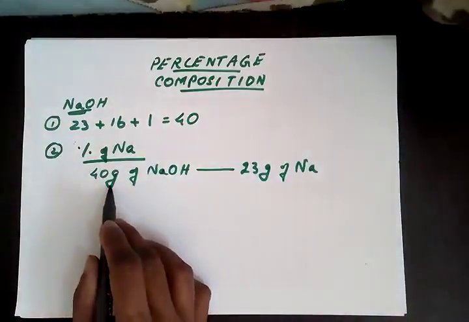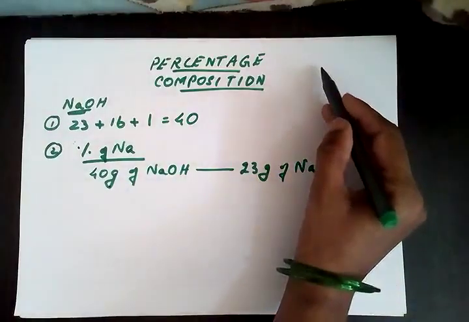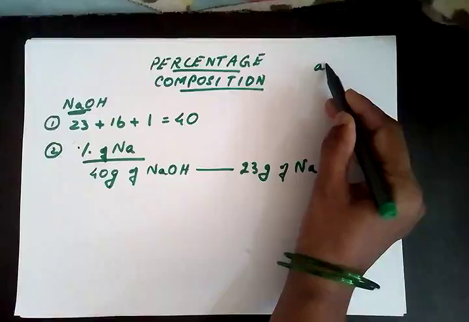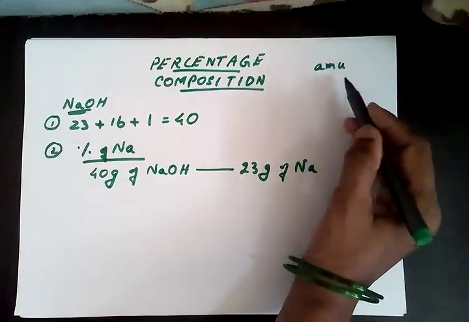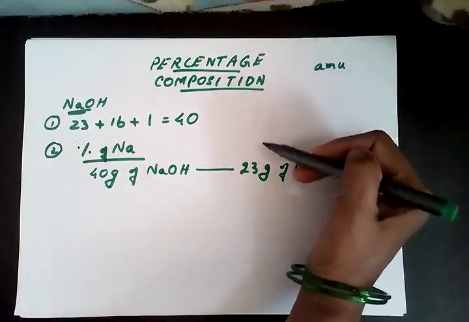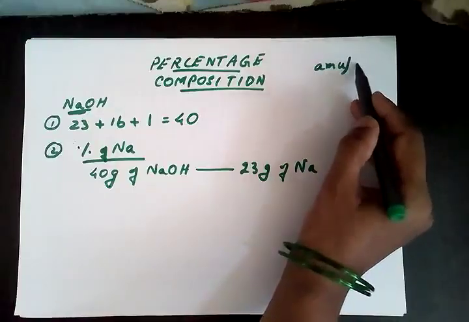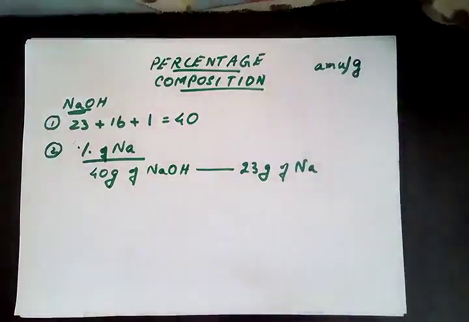I have written the value in grams over here. Last class we studied that molecular mass is calculated in atomic mass units, but it can also be represented in grams.